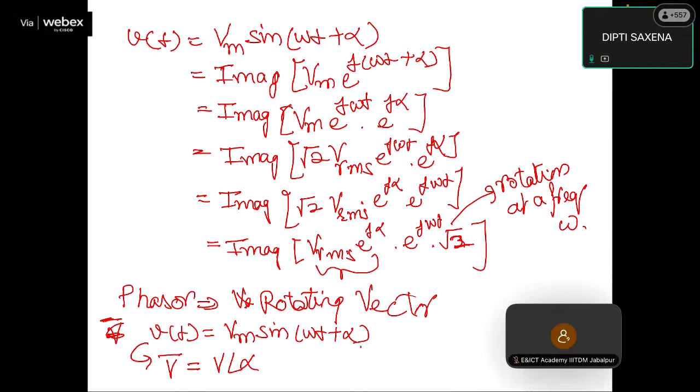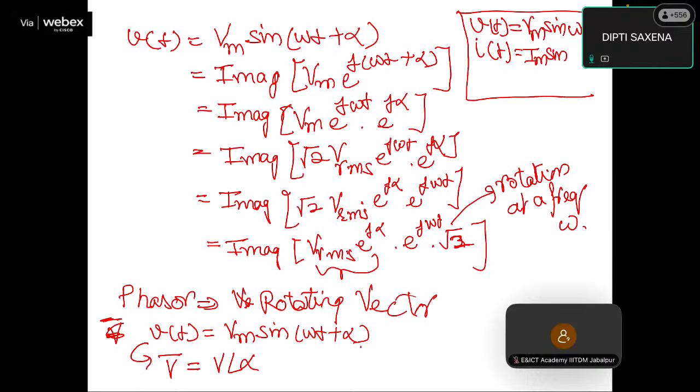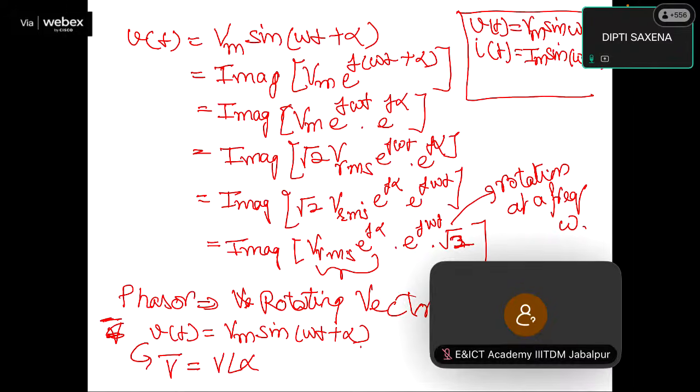Now suppose I have two signals, v(t) is equal to Vm sine omega t, and I have another signal i(t) is equal to Im sine omega t plus alpha. Now, how to represent these two signals in phasor form? So, for v(t), phasor V will have a magnitude and an angle.